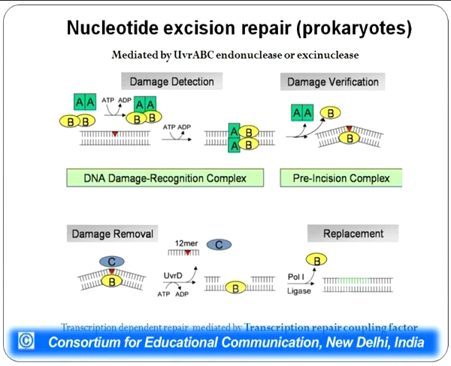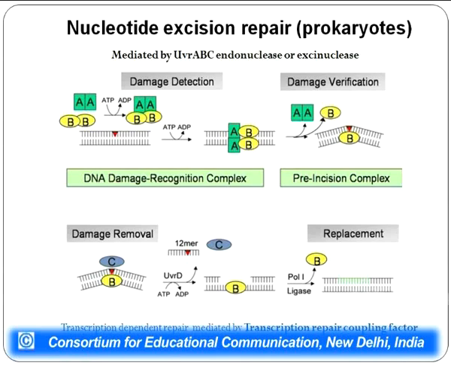Now UvrB makes a cut 5 prime to the damaged site, about 8 nucleotides from it, whereas UvrC makes a cut 3 prime to the damaged site. How far it cuts, whether 5 nucleotides away or 10 nucleotides away, depends on the sequence. Usually it cuts about 4 or 5 nucleotides away, and therefore a stretch of about 12 nucleotides is removed.